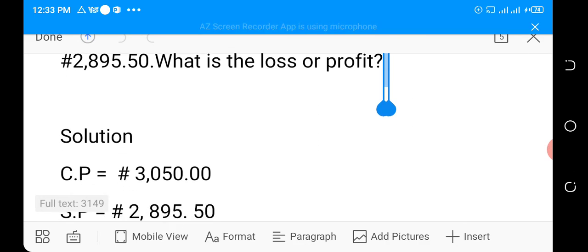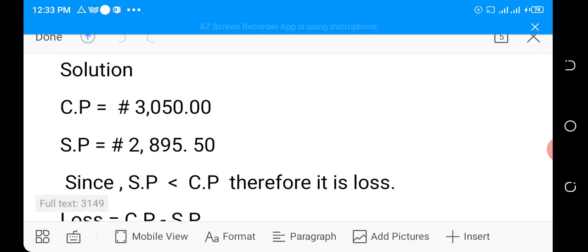Here you are given cost price to be 3,050 naira and you are given selling price to be 2,895 naira 50 kobo. Here, looking at it, selling price is less than cost price. Therefore, it is what? It is loss. Whenever you have your selling price less than cost price, it is loss.